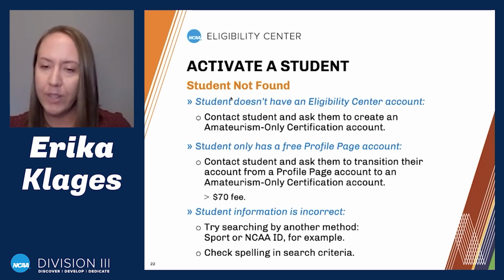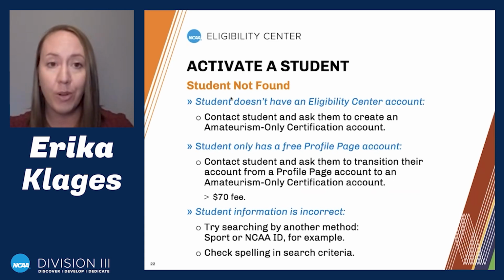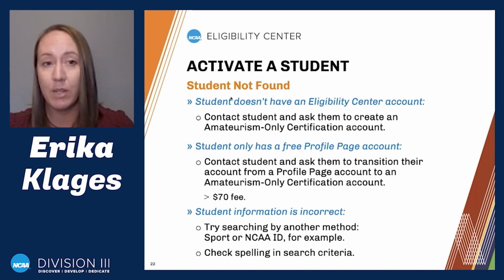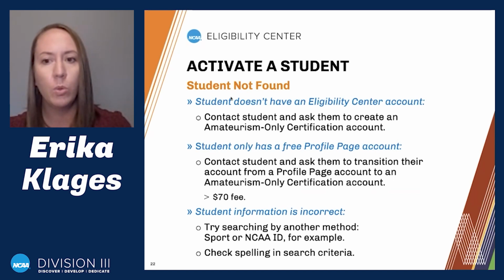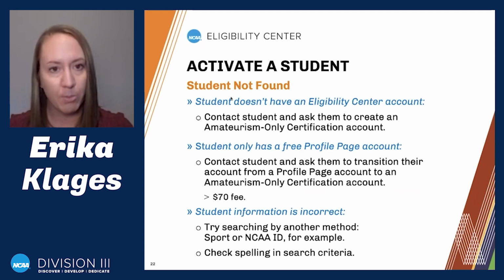Or, more often than not, the PSA has a free profile page account, so they may still be able to give you an ID number, but because it's a profile page, it's not going to be visible in the membership portal. You would want to have those prospective student athletes transition their account from the profile page to an amateurism only certification account. Again, there's a $70 fee for amateurism only.